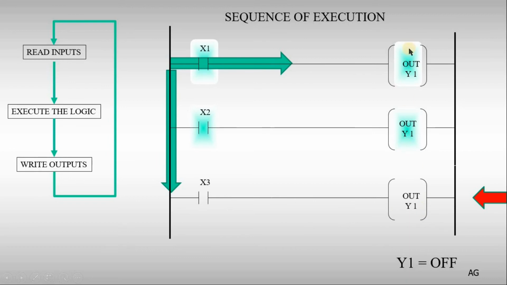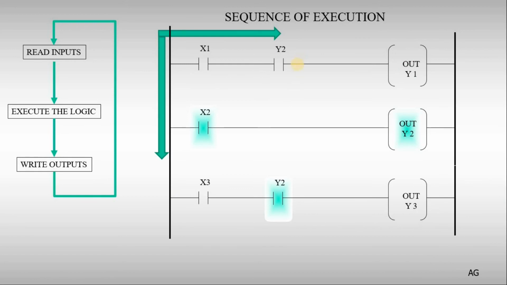Regardless of how many on and off above, it doesn't really matter. What matters is the last out to Y1. So all this doesn't have any effect on Y1 whatsoever. This is very important: we don't use out more than once in the same segment of ladder logic.